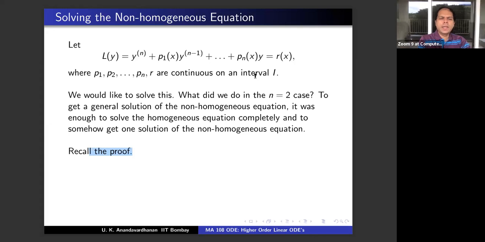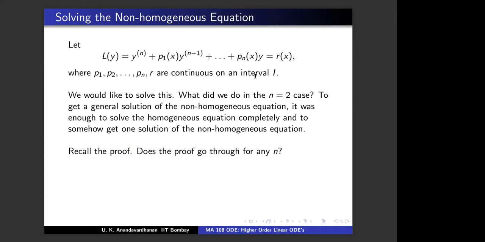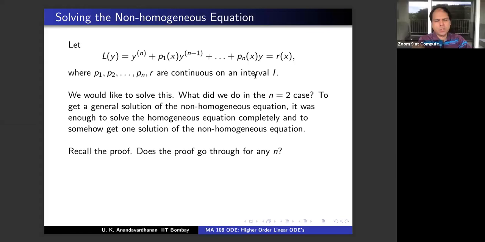Do you agree that this proof works for n also? Yes, sir. Because if you have f as one particular solution, and you have n linearly independent solutions for the homogeneous part, then instead of y1, y2, you just have y1, y2, etc., yn.